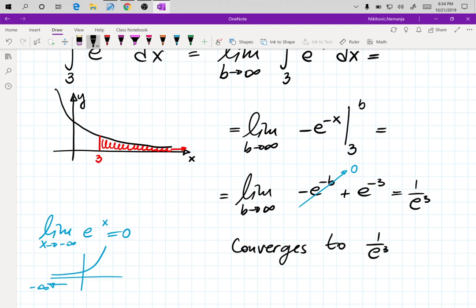Solve the integral the regular way, and then at the end, do the limit, because you will have those a and b's inside to solve the limit. Let's try our problem.